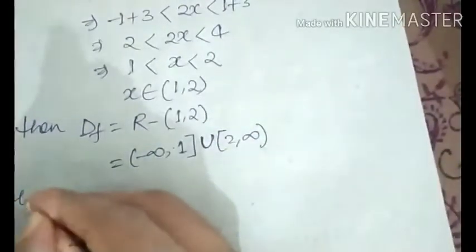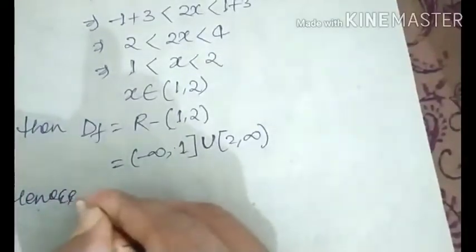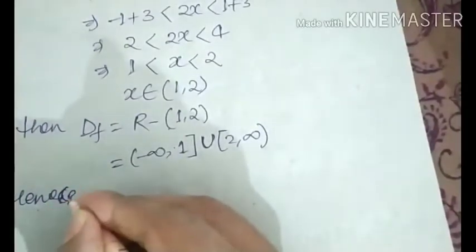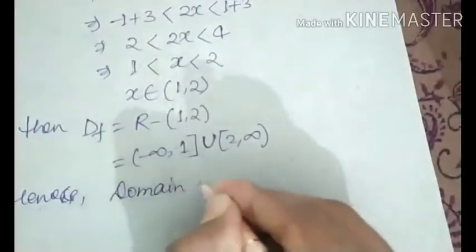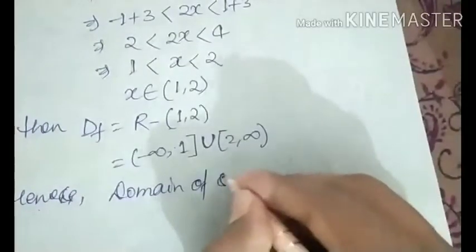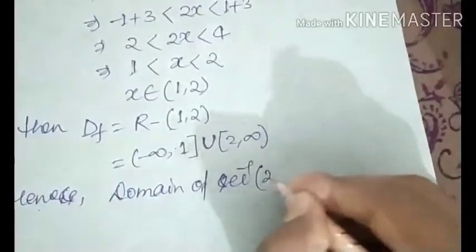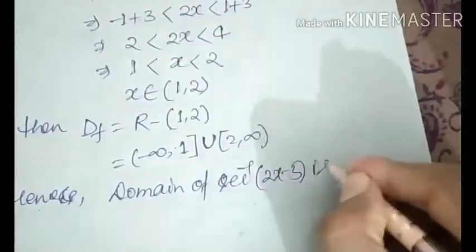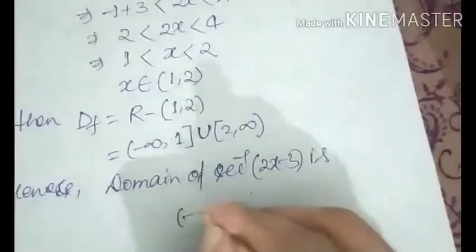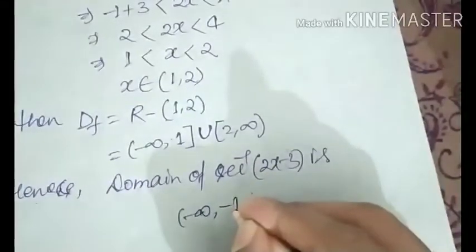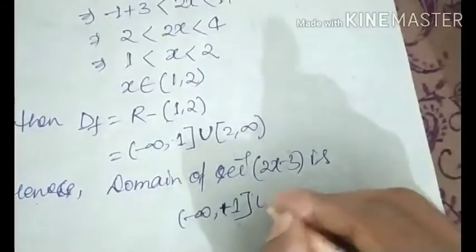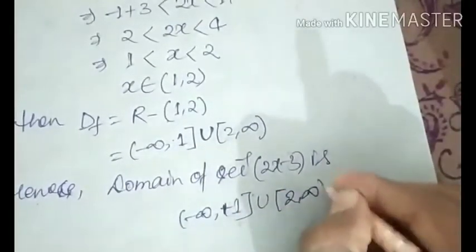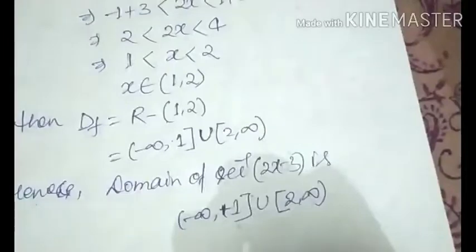Hence the domain of sec inverse 2x minus 3 is minus infinity to 1 closed, union 2 to infinity.